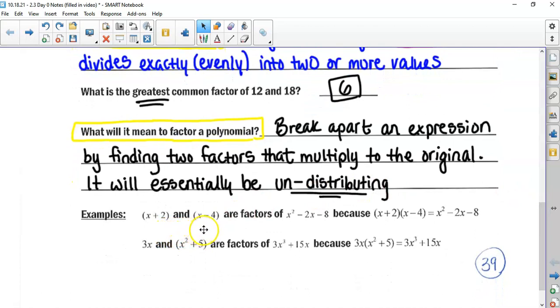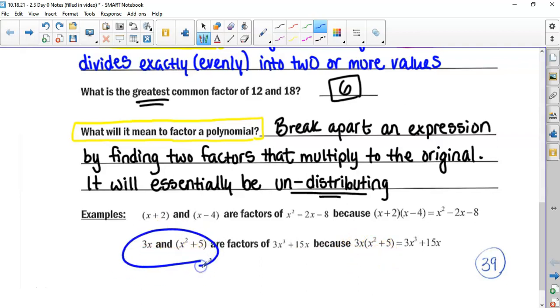X plus 2 and x minus 4 are factors of x squared minus 2x minus 8 because, notice, when you multiply these together, you arrive at your original. 3x and x squared plus 5 are factors of 3x cubed plus 15x because when you multiply those two pieces together, right, like redistribute, so to speak, this is the undistributed version. When you distribute, you arrive at your original.